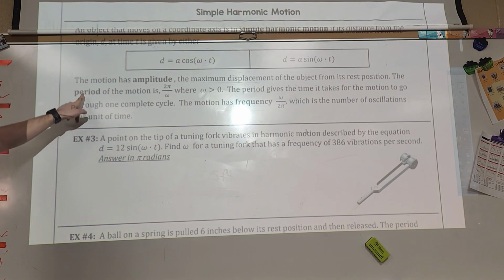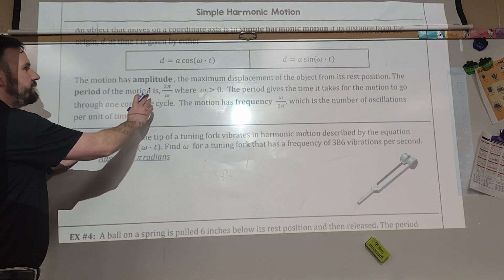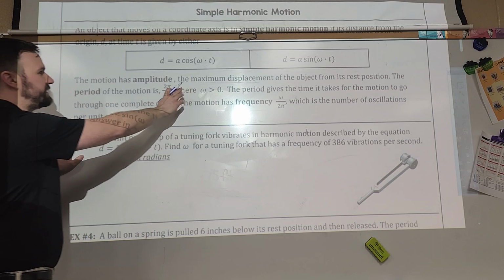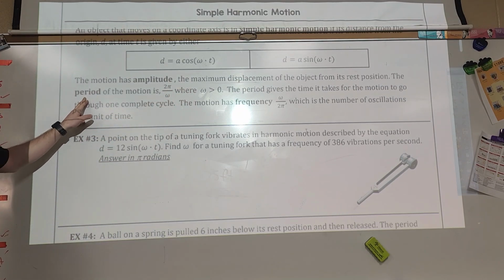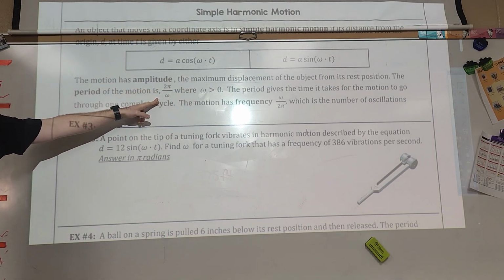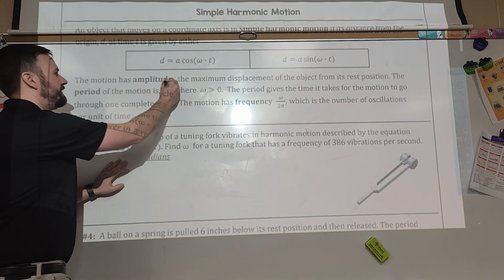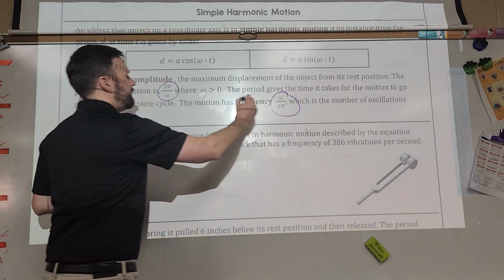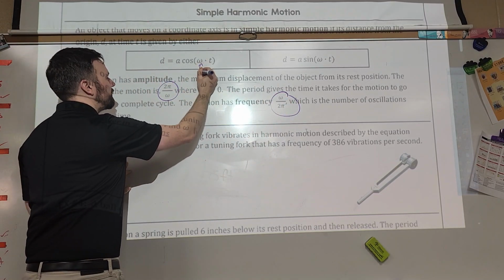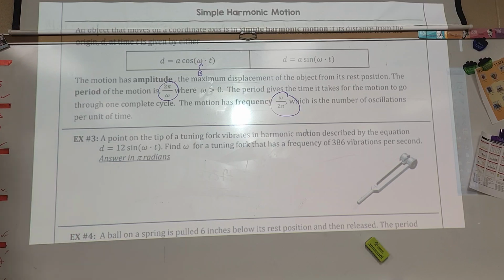Now, a big part is the maximum displacement of the object. Okay, so the period is 2 pi over max displacement. Which makes sense. But frequency, isn't this the same thing? We're just calling W is B, right? That's what I want you to realize. They're going to use this equation. That W is just a B, right?